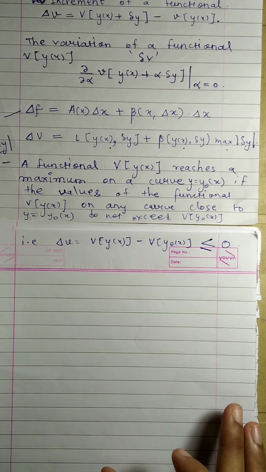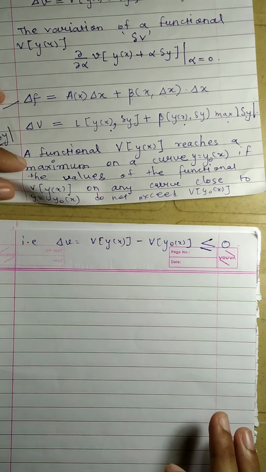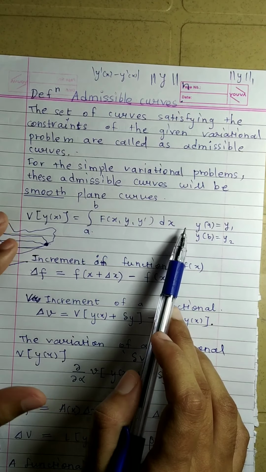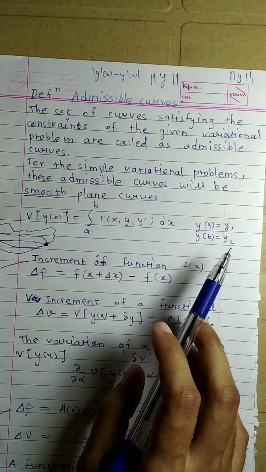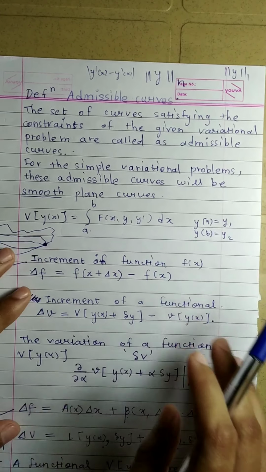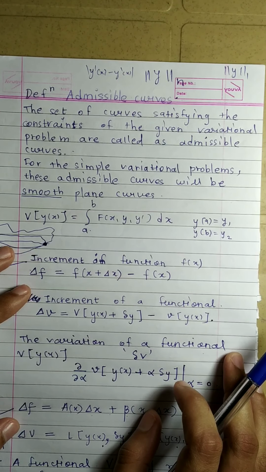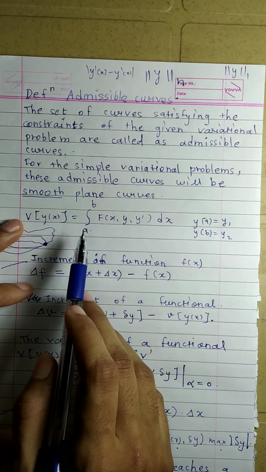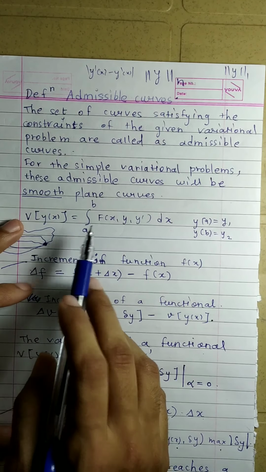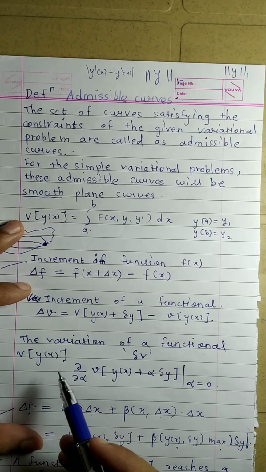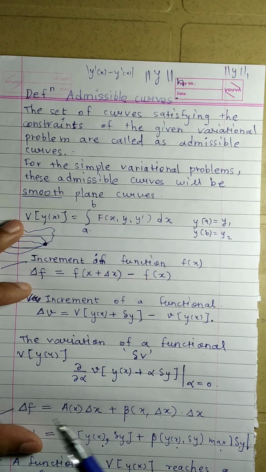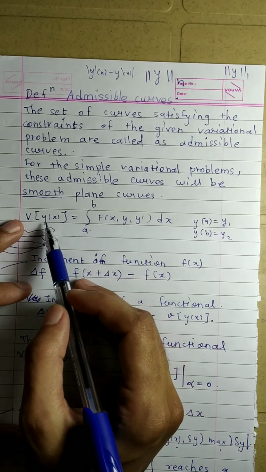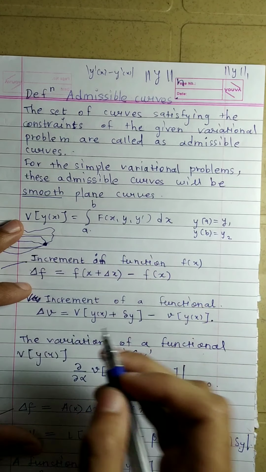In this topic, our aim is to find the extremum of this functional. Extremum means it can be either the maximum or the minimum. When I gave you the examples of different functionals and the variational problems, you saw that we were trying to either maximize or minimize. For the Brachistochrone problem, we wanted to minimize the time, so whatever time functional we were getting, we wanted to minimize it.